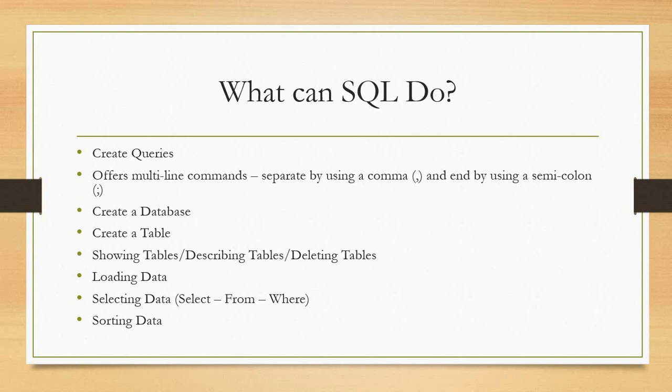You could create a database. You could create a table. You can show tables, describe tables, and delete tables. You can load data. You can select data, which we will see later specifics on how to select from and where. And you can also sort data.